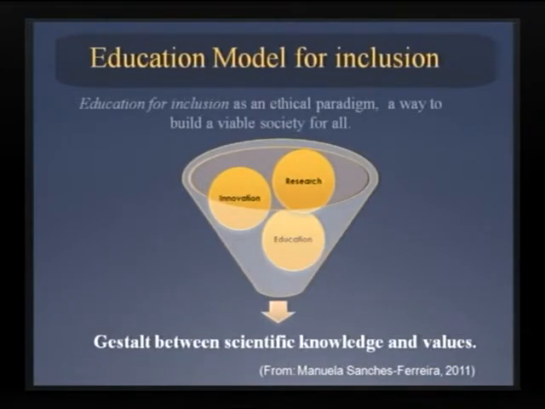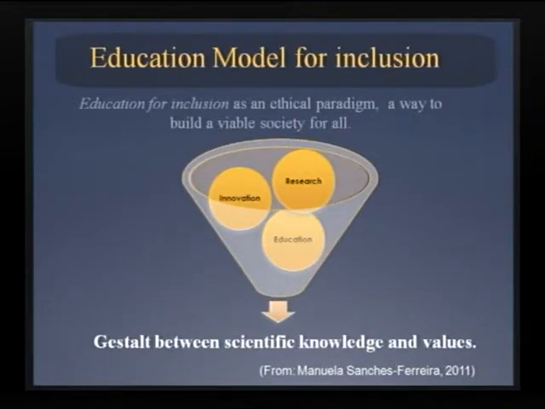So considering that inclusive practices are ethical ways to act, when we think about research and innovation outputs on inclusive practices, we should think of it as an interaction process between knowledge and a set of beliefs and values that also commands human practices.